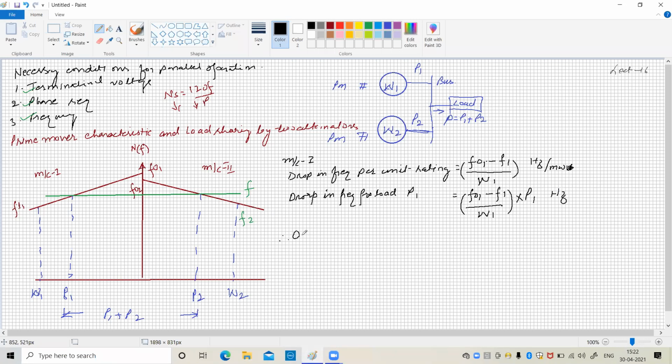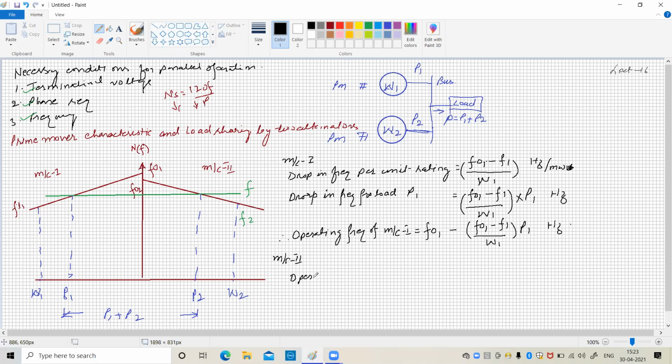Therefore, the operating frequency of machine 1 is F01 minus (F01 minus F1) divided by W1, times P1. Similarly, we can write directly the equation for machine 2.